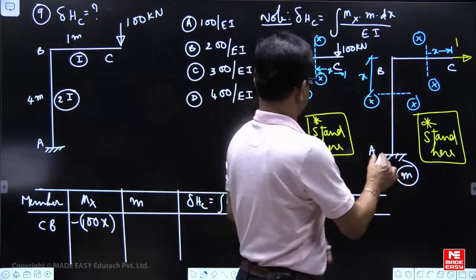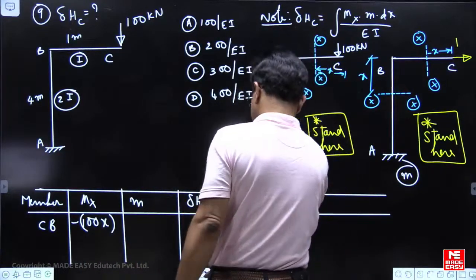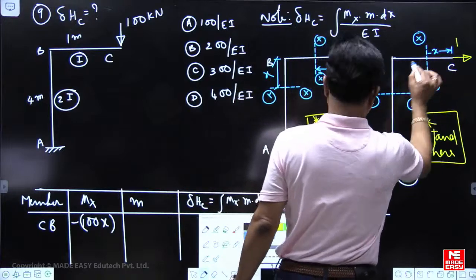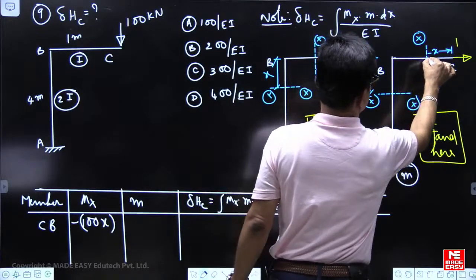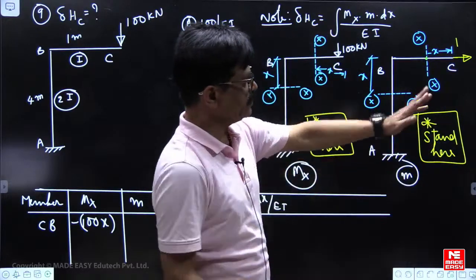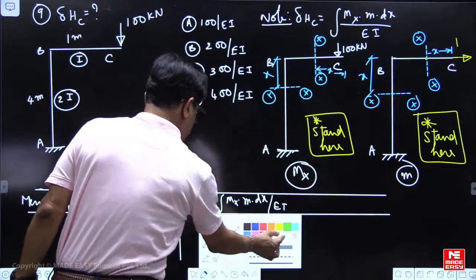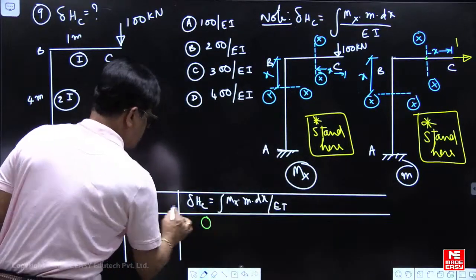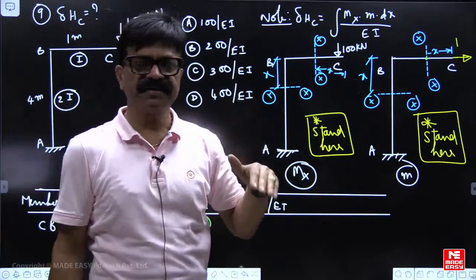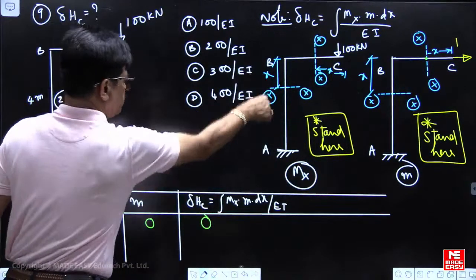Stand here, look right side. One will give 0 moment. So that means this is 0. One headache is gone. Next, BA member.